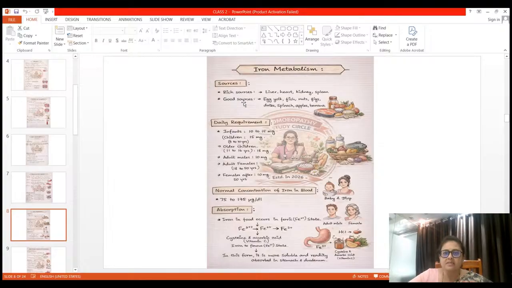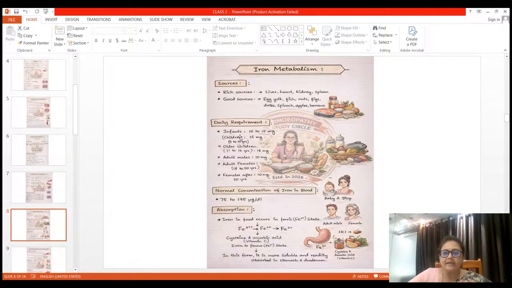Good sources, egg yolk, fish. Vegetarian sources like nuts, figs, dates, spinach, apples and bananas. These are the most important sources of iron, and they should be included in the diet.